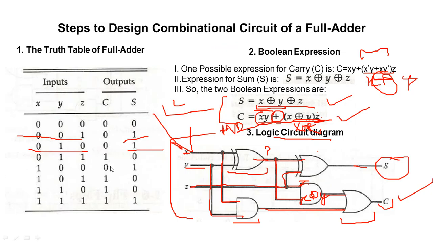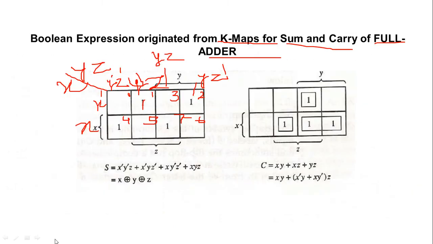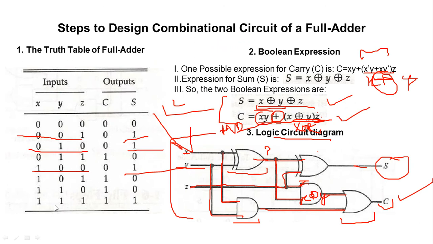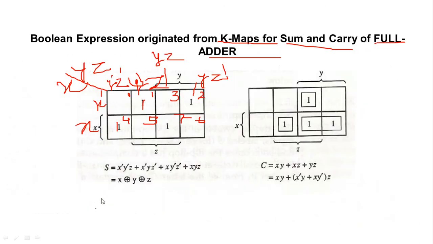So same is the case when we are getting the third input value as 1: it is x, y complement, and z complement. So 1 is coming at this particular position. And the last is x, y, and z itself. This is how we are getting 1 1 1 here.